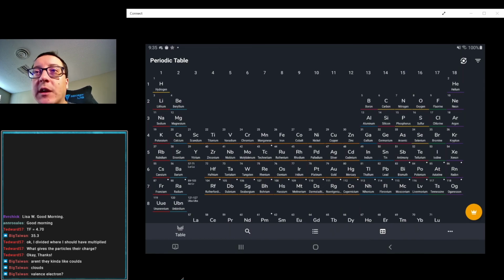Hydrogen has the number 1 in its top left corner. And if we look at sulfur, which is over here, notice it has the atomic number of 16. So that tells us that a sulfur atom will have 16 protons. And for example, every single nitrogen atom has 7 protons.